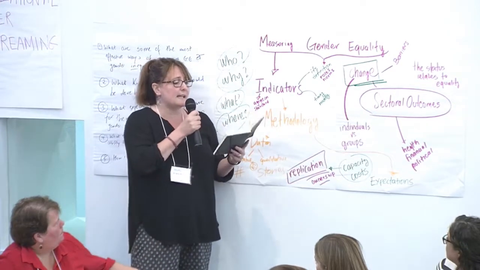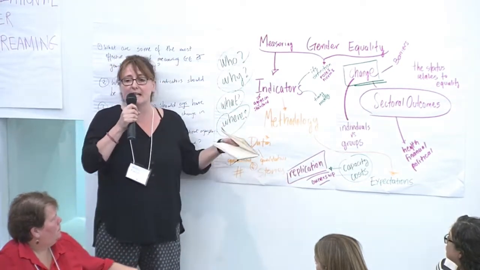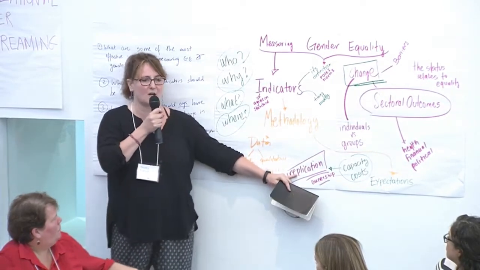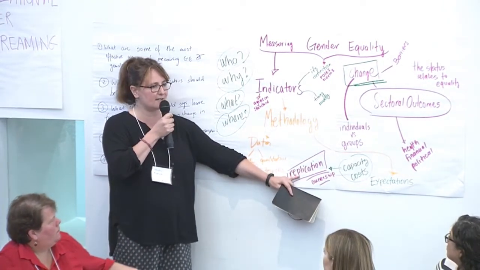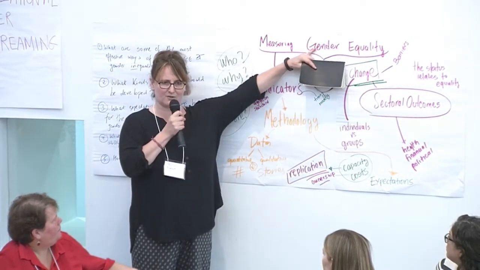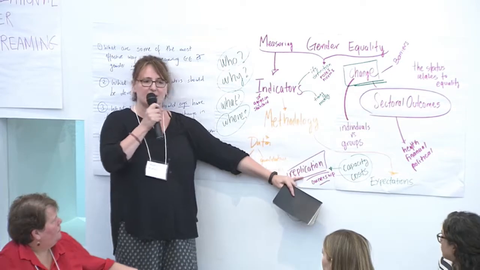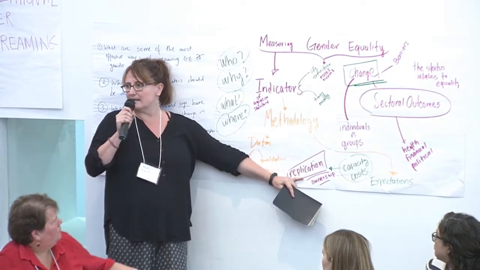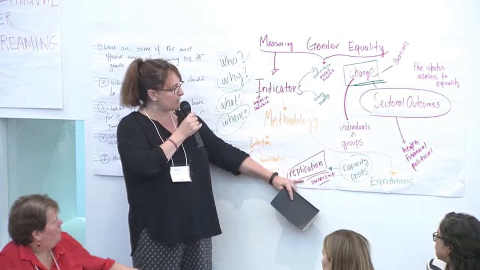We also talked about another type of indicator to determine success: are these programs being replicated? Are they being embraced by other communities? Sometimes it's very hard to say that we've achieved gender equality, but in a sense, are these programs resonating with other communities within a country, within a region?